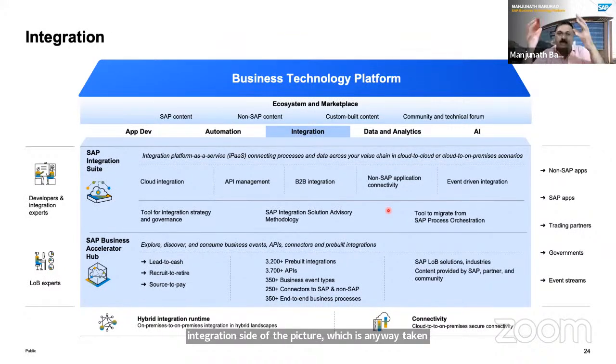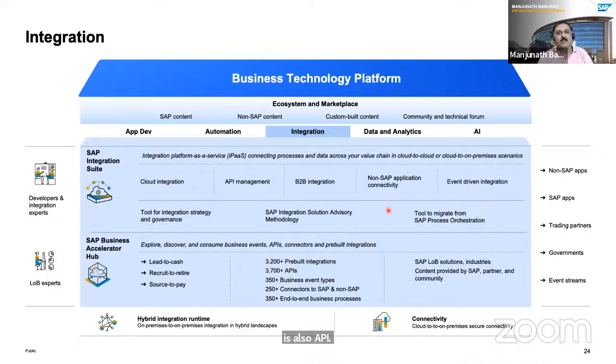But there is also API-led integration with API management, third-party integration with open connectors. Then there is event-led integration with event mesh. So a lot of this you will also hear in the integration deep dive, but not just providing different kinds of integration.